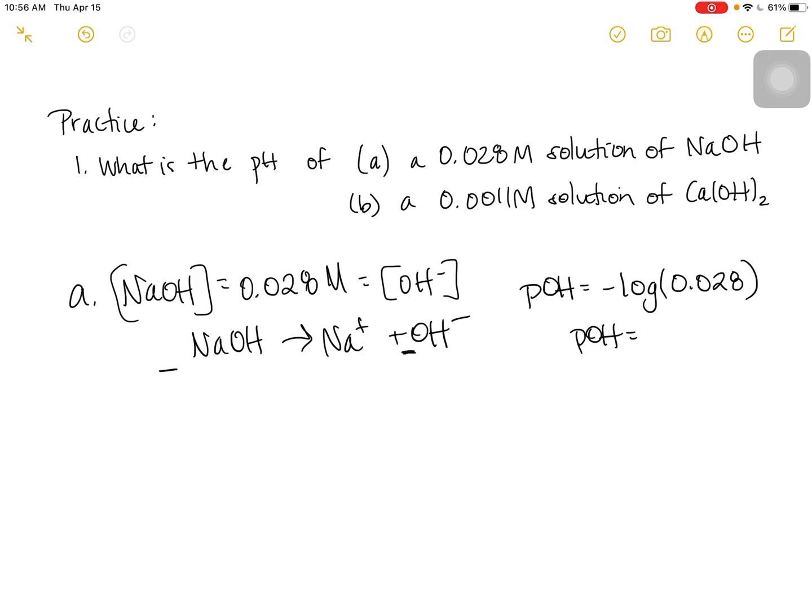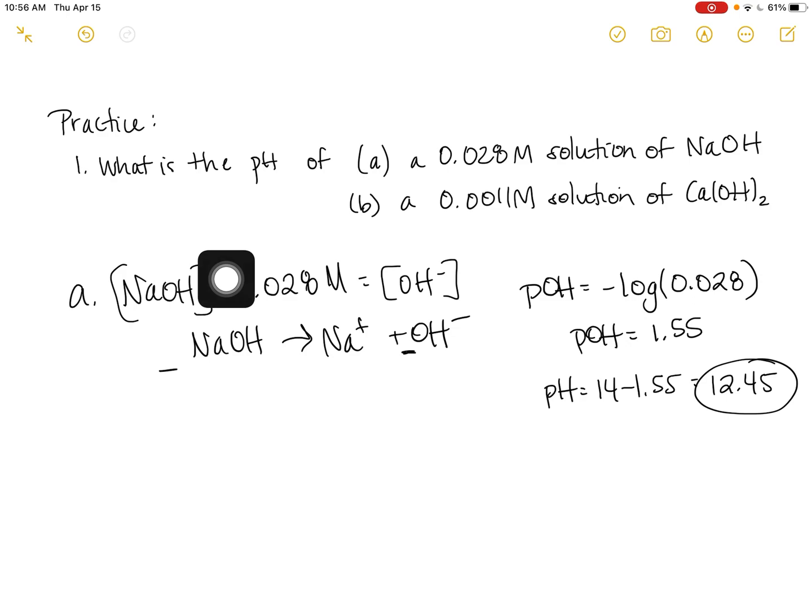So negative log, let's see, 2 sig figs, so 2 decimal places. So 1.55 is my pOH, but remember they're asking me for pH. So 14 minus 1.55 gives me 12.45.